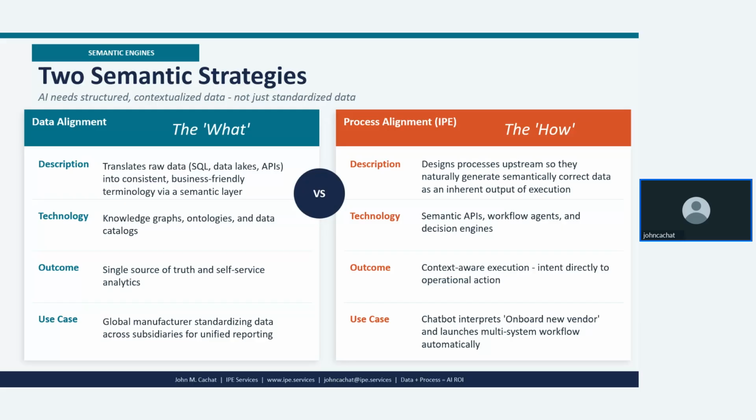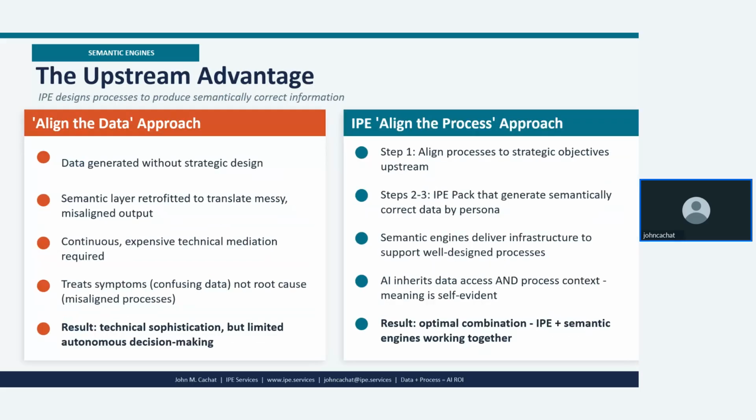The upstream advantage. Data is generated without strategic decision, and semantics is retrofitted to get rid of all the messy stuff. There's a lot of technical work, but some big companies are spending millions of dollars on cleaning data.